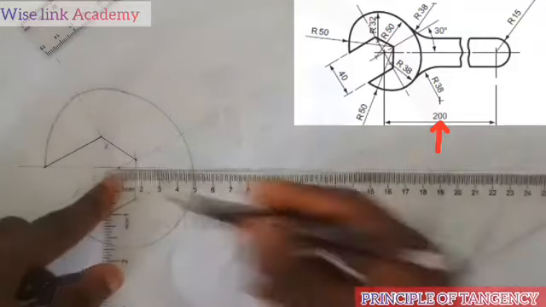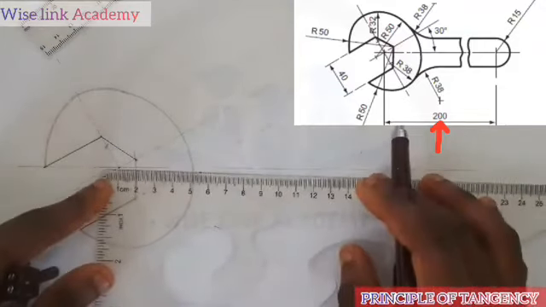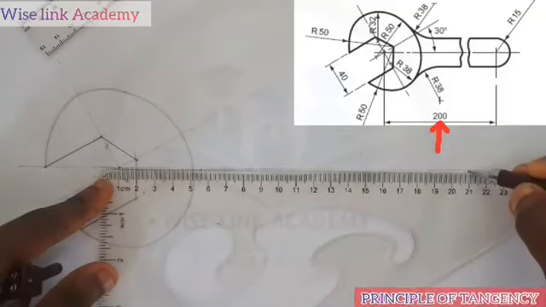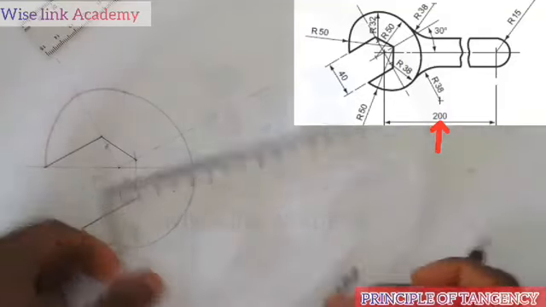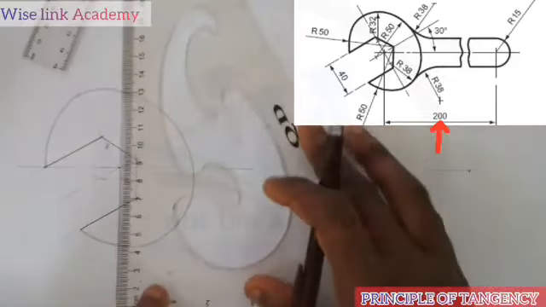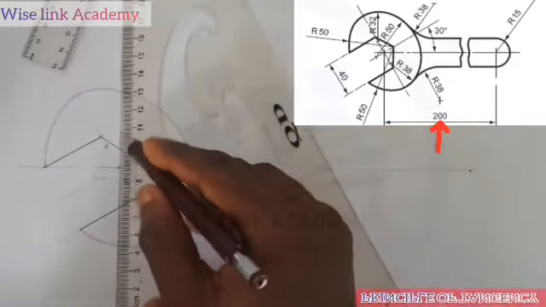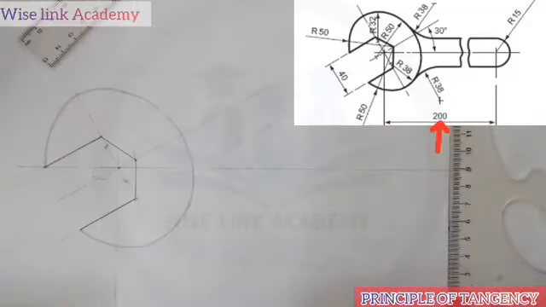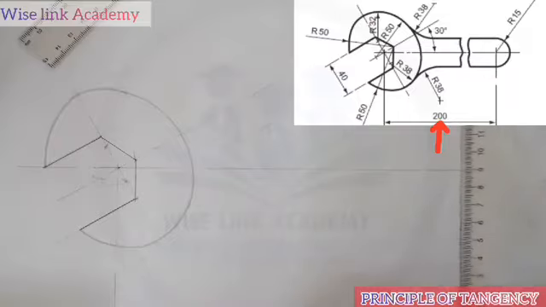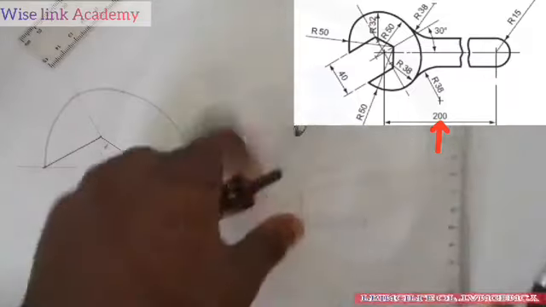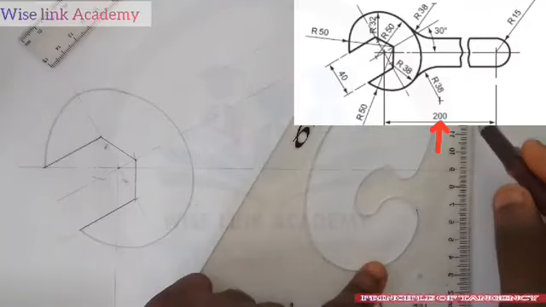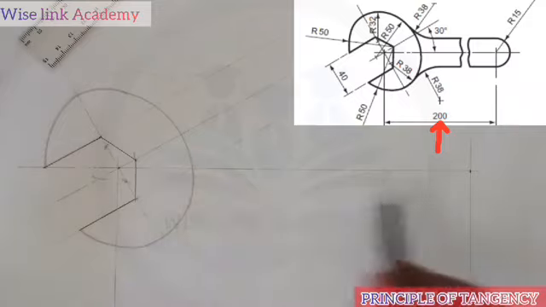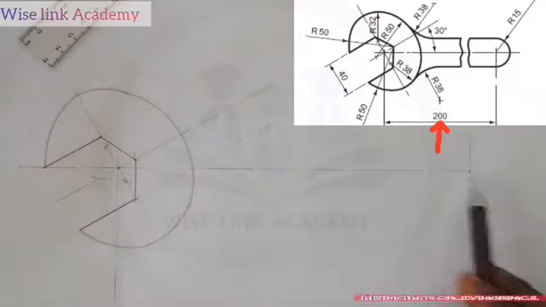So from this point here down here is going to be what? 200. So I'll just draw this downward, right? Downward. Similarly, come to this point, right? At this point here, I'll draw this downward, right? It simply means from here to here is 200 as illustrated in the diagram.